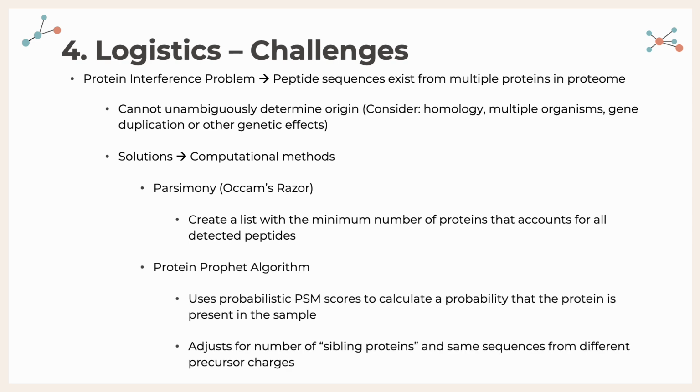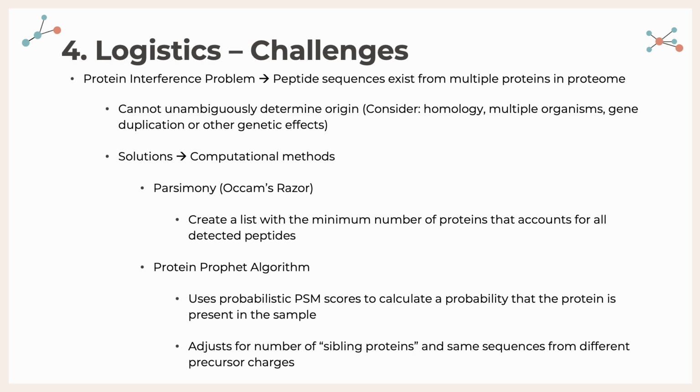The second solution is the ProteinProphet algorithm. This uses a probabilistic PSM score to calculate the probability that the protein is present in the sample. Essentially, that just means it looks for the possibility that this protein can be the origin of that peptide that we see. And the bottom note here says that it adjusts for the number of sibling proteins and same sequences from different precursor charges.